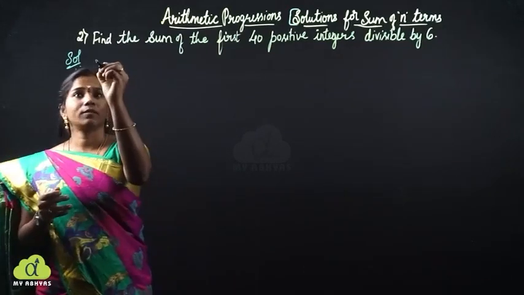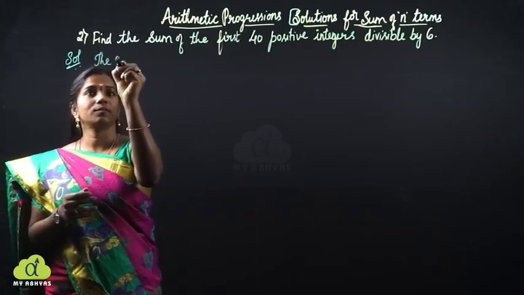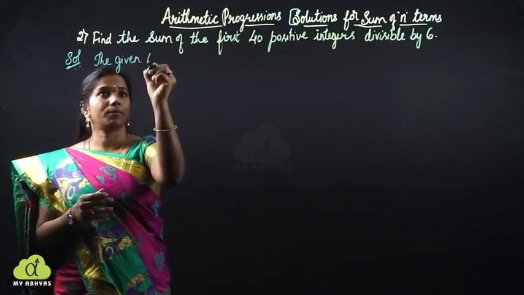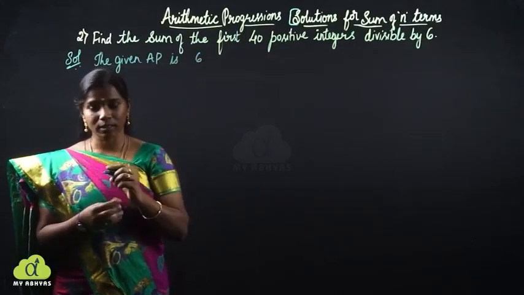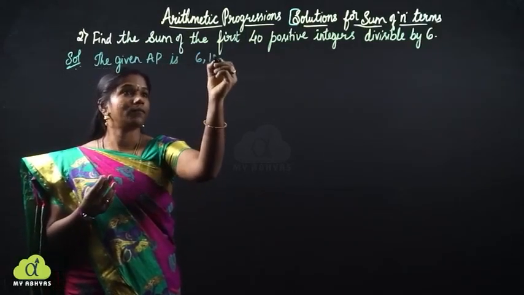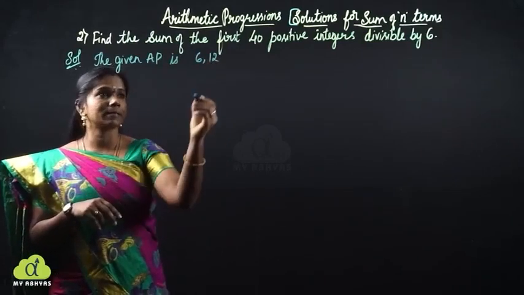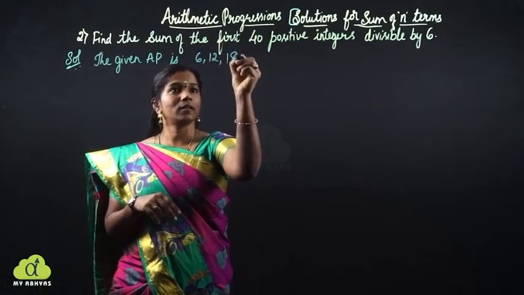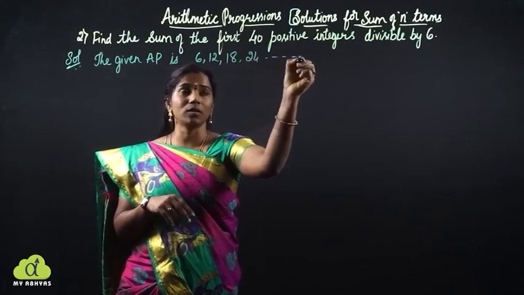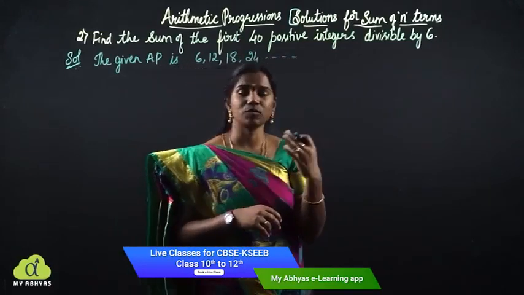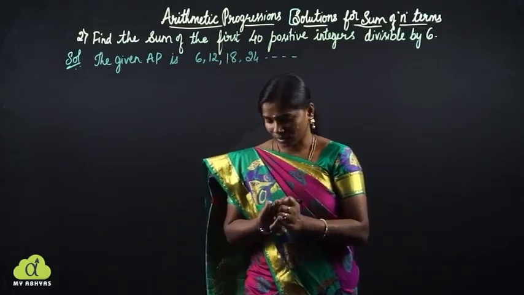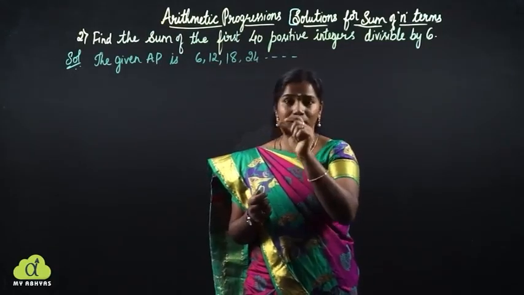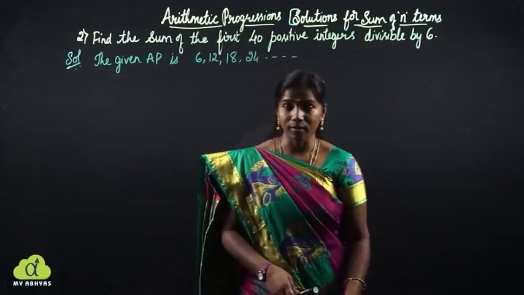Again, the given AP is 6. 6 is divisible by 6. And 12. 12 is also divisible by 6. Continue, it is 18 and 24 and so on. So, how many numbers we have to write here? 40 positive integers we have to write. Okay. So, let us stop this AP here only and then write the data.